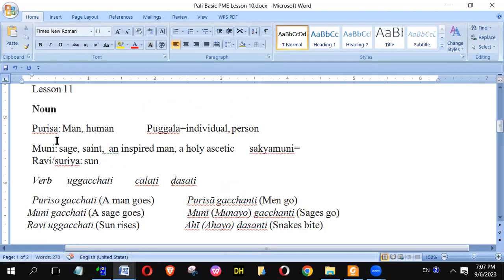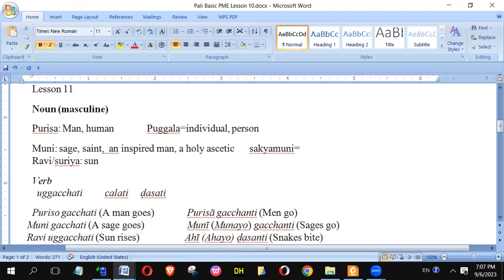So all these words are masculine. Beside learning the nouns, you also now need to remember you are still at the masculine stage, not at the feminine. Purisa is masculine. Muni is masculine. Sun is masculine. How about the moon? Is the moon masculine or what? Moon is, I think, masculine also.